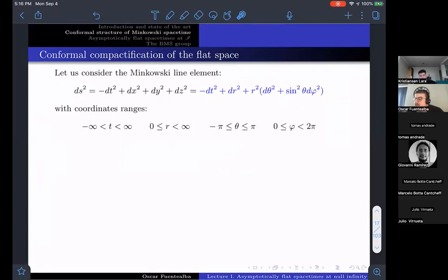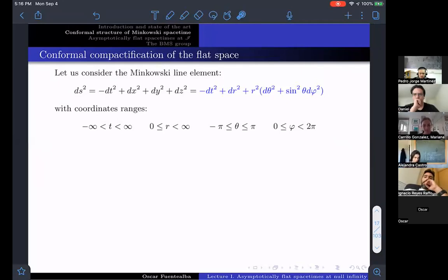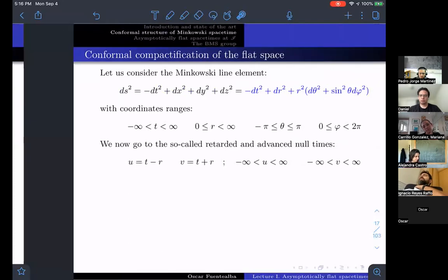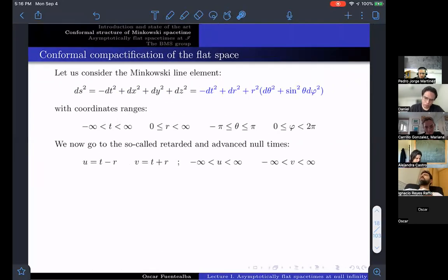So the time goes from minus infinity to infinity. The radius is always positive, and theta and phi are the typical angles of the sphere.